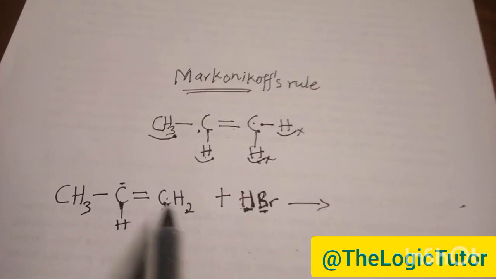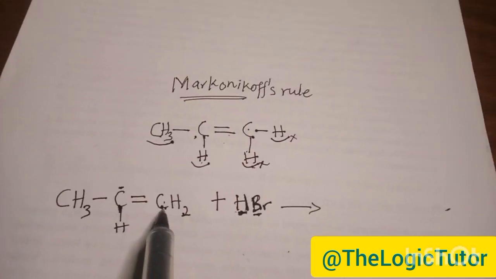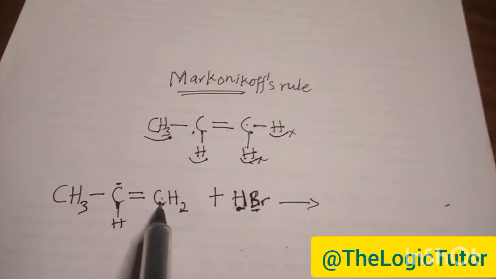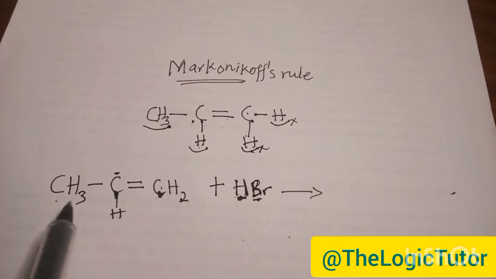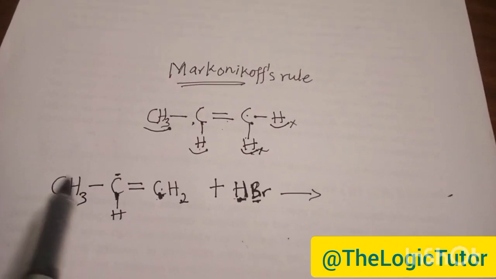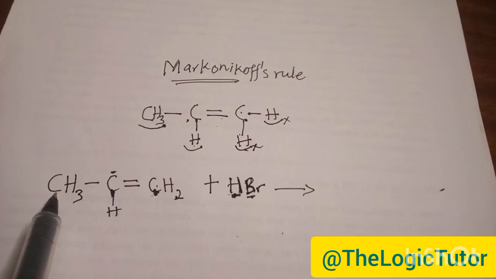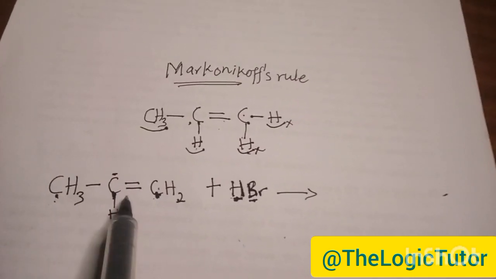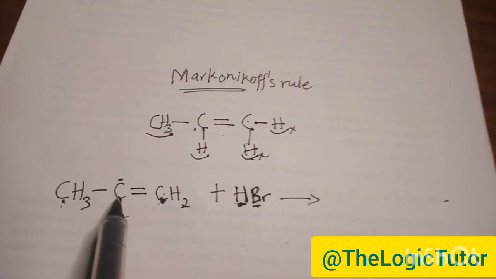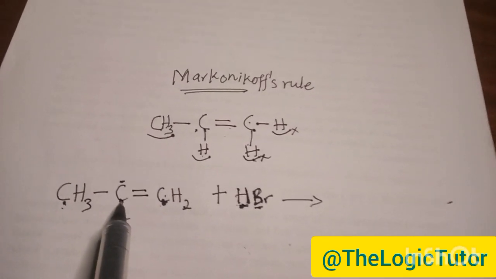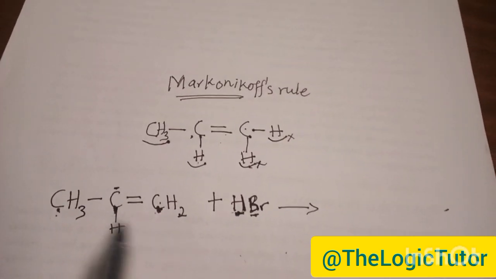Meanwhile, the remaining hydrogen will be added to the carbon that has the highest number of hydrogen. Mind you, the carbon here has actually completed its bond, so we only needed to add hydrogen and bromine to the parts that are unsaturated.